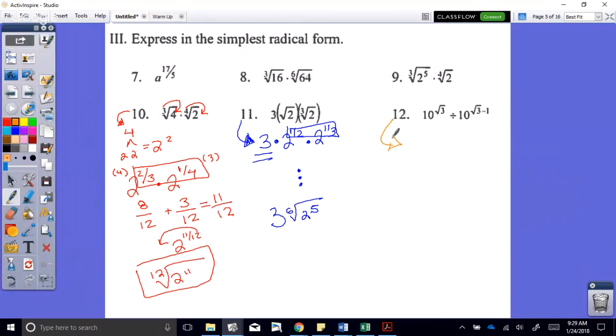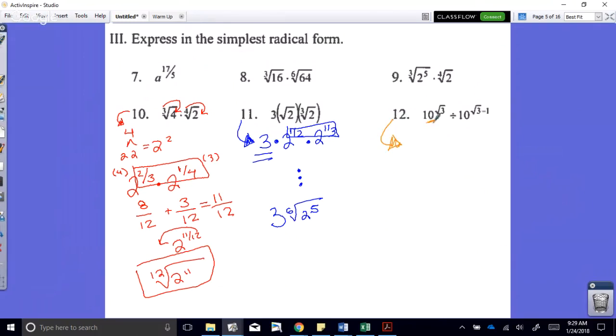Number 12. Notice they do have the same base, and we're dividing. Dividing tells us we are going to subtract the exponents. So I have 10 to the root 3 minus 1.